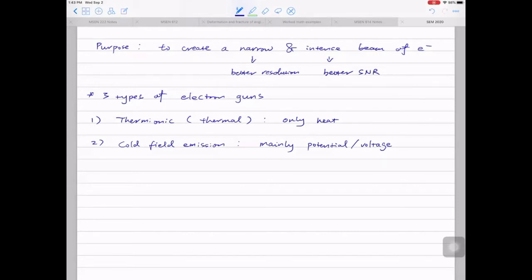You generate an intense electric field to pull electrons out one by one. Can you see the difference? One is thermal assisted, another is less thermal assisted. The third type is a combination. The name is called Schottky emission.